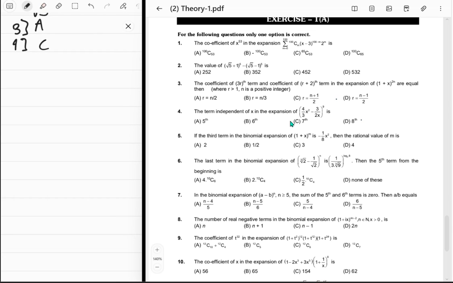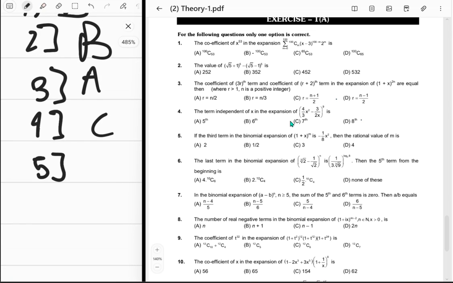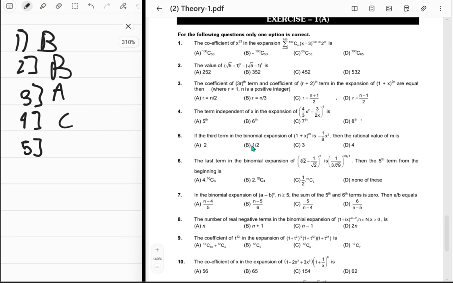Fifth. If the third term in the binomial expansion of this quantity is this, then the rational value of m is, well, I'm guessing it's going to be 1 upon 2, because that does give the third term like that. Look at this: the first term is going to have a coefficient of 1, the second will have 1 upon 2, and the third term will have 1 upon 2 times negative 1 upon 2 upon 2, which is going to be negative 1 upon 8.